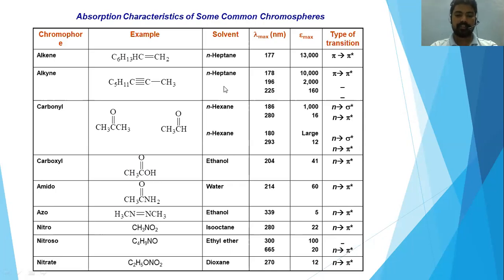Now let us discuss the absorption intensity values and absorption wavelength values, and what kind of transitions are taking place in carboxylic acid compounds and their derivatives. See, the carboxylic acid n to pi star transition will appear at 204 nanometers.